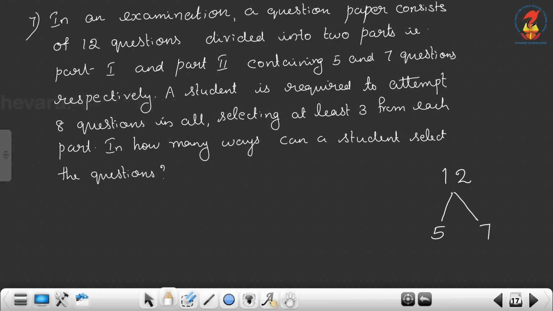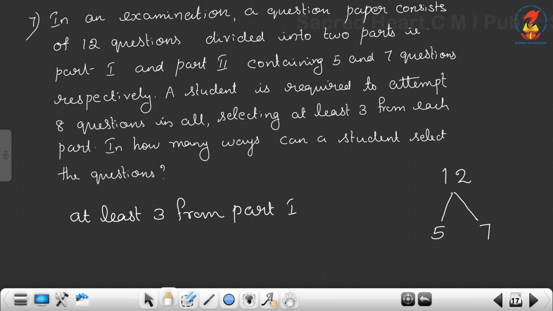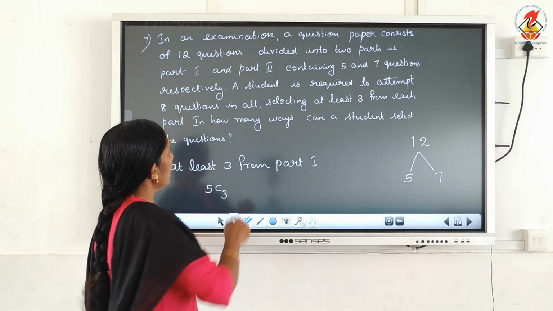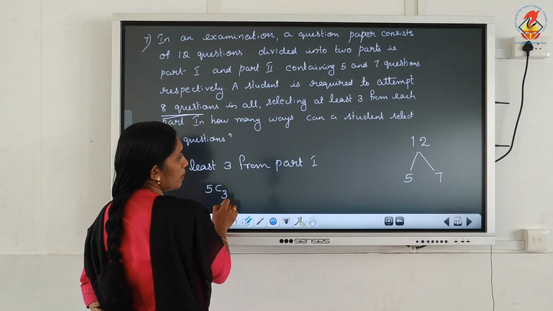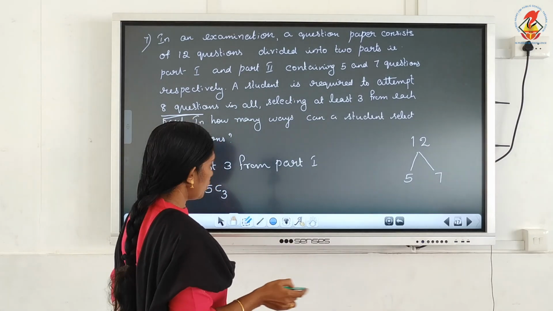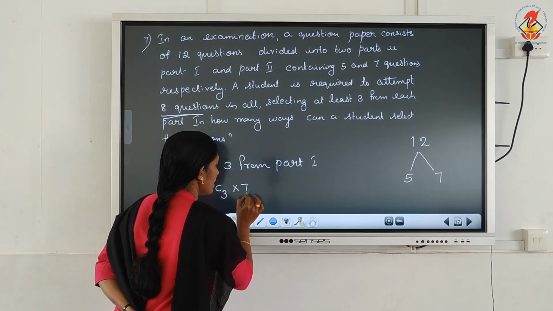Okay. So we can take the different cases, isn't it? At least 3 from part 1. That means from 5 questions the student has to select 3. So when 3 questions from part 1, how many from part 2? Total 8 questions. So 3 from part 1 means 5 from part 2. So 5C3 into 7C5.